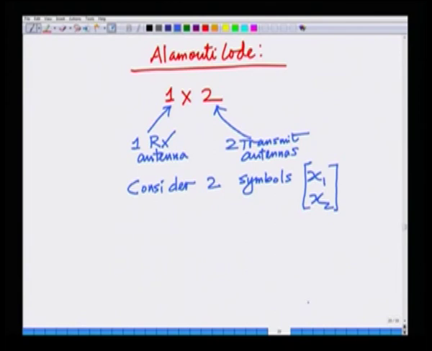At the first instant, we transmit the transmit vector x1 comma x2. I am considering a 1x2 system to illustrate the Alamouti code, with 2 symbols x1 comma x2.